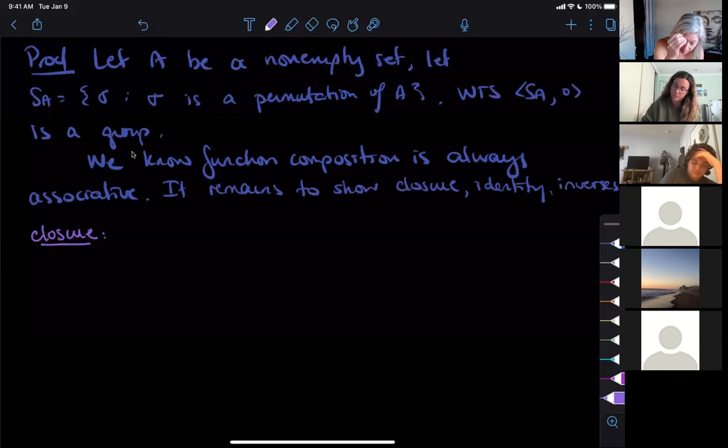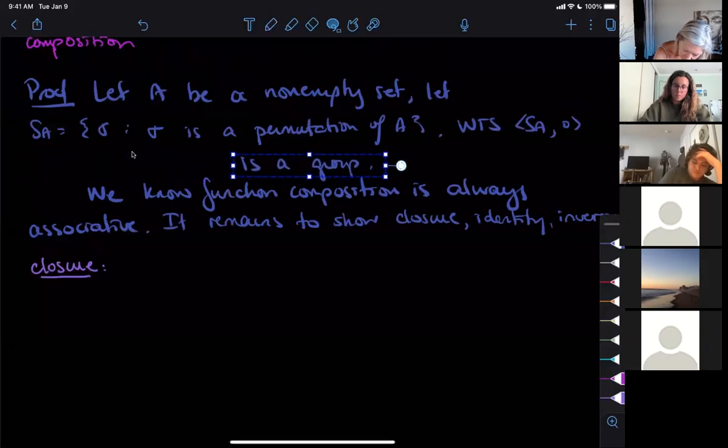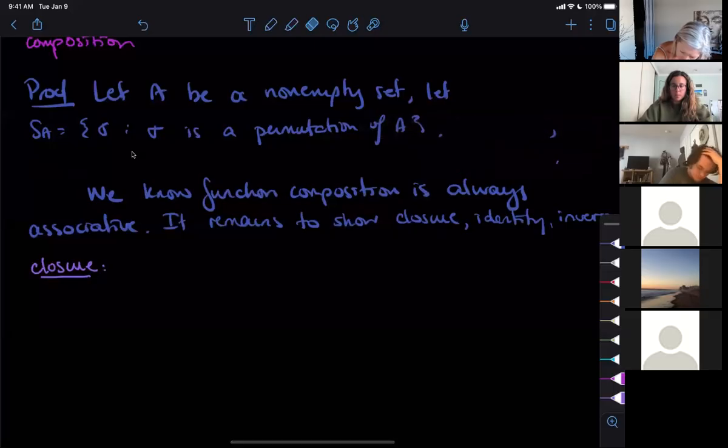Yeah, thanks, Connor. So if you think that would be helpful, we could add that in. So this is the set of all the maps from A to A such that sigma is one-to-one and onto.